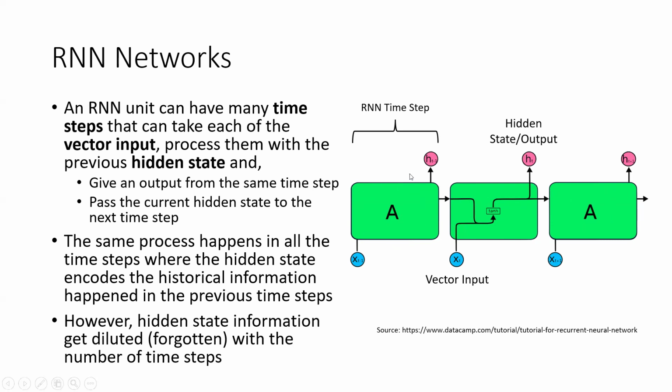So in this case, we call each of these steps, these green color boxes, as recurrent neural network time steps. Right. So in a recurrent neural network, we can have several time steps. Time steps means for each of the events that we get from the environment, we can have a single RNN time step. For example, if it is xt minus 1, we have a certain time step.